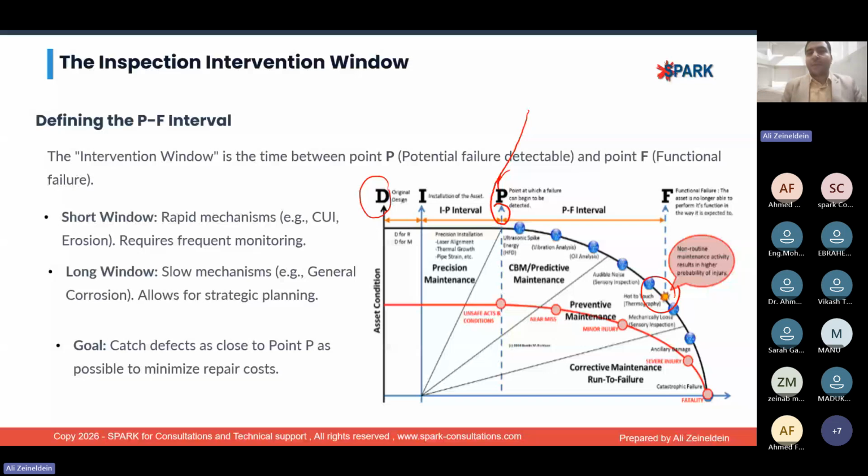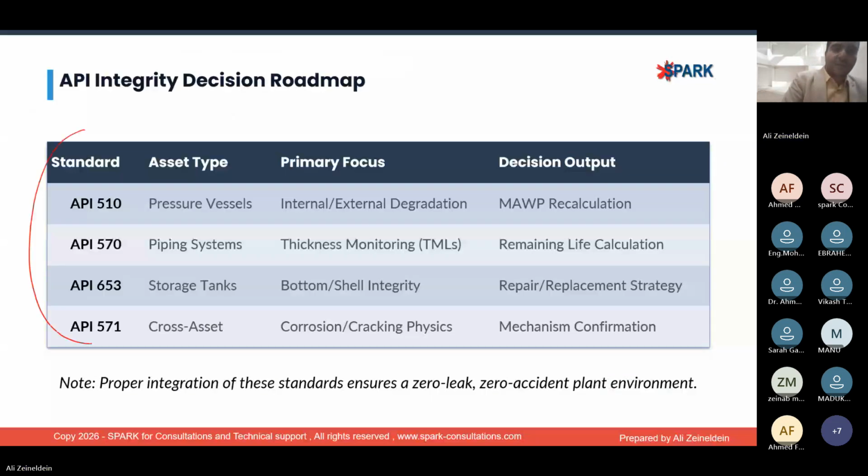Integrity decision roadmap. For example, we have sub-standards. For example, API 510 for the pressure vessel, API 570 for the piping system, 653 for the storage tanks, 571 for the damage mechanism.